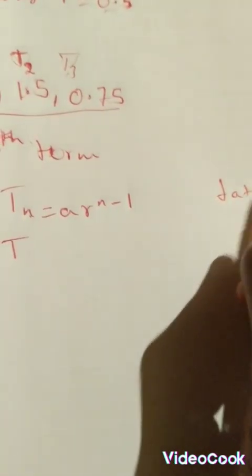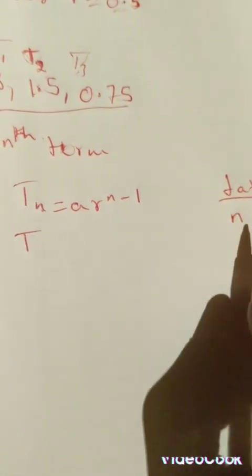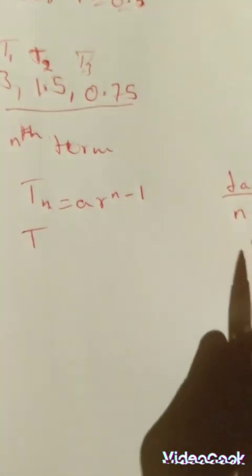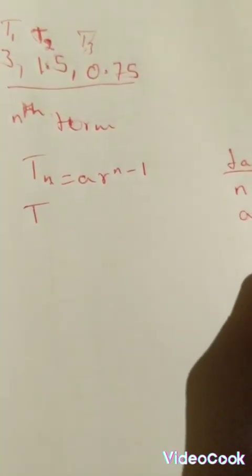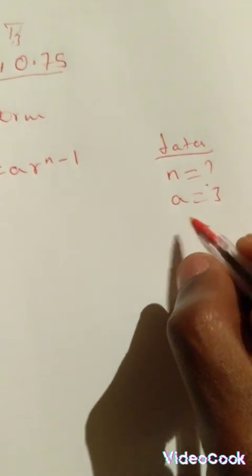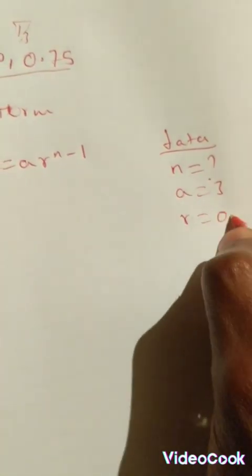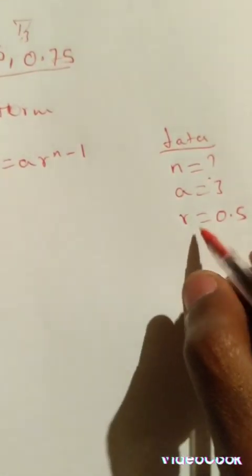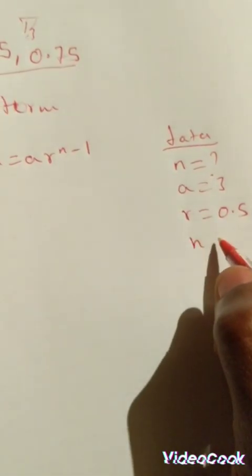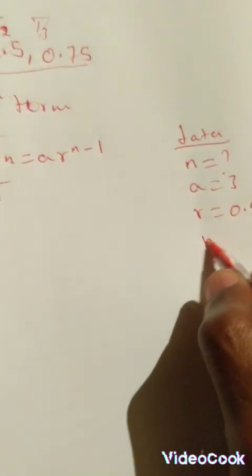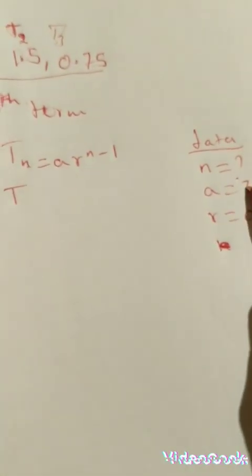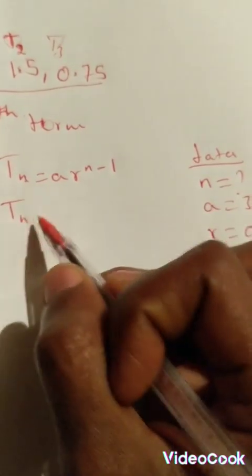You can write your data on this side: my n is what I'm finding, my first term I have already found to be 3, my r is 0.5, and my n I don't know.